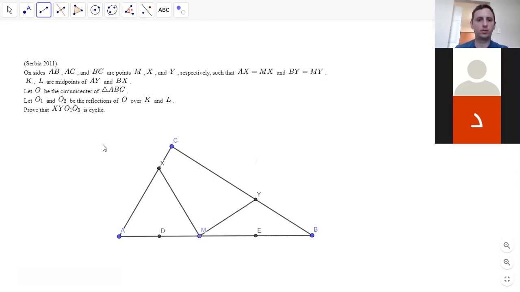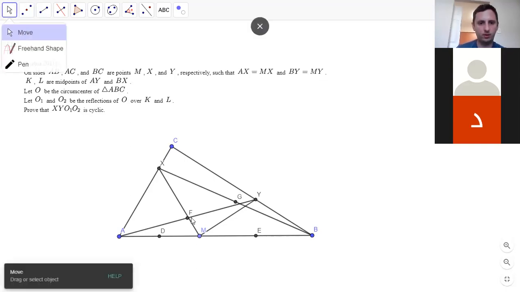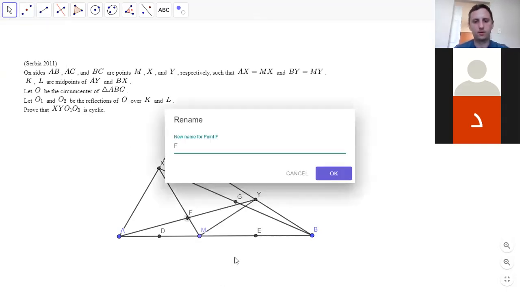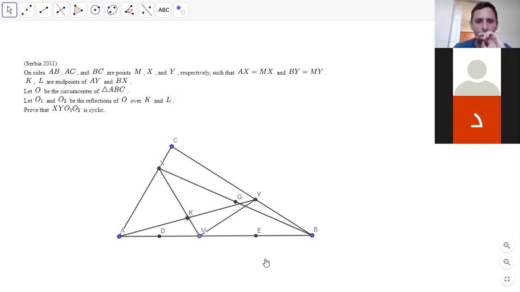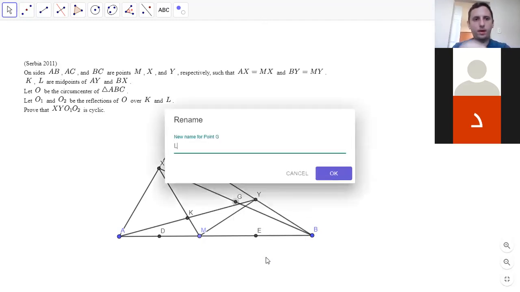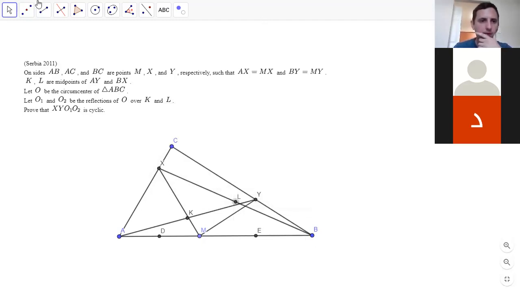All right. So those are isosceles triangles. K and L are the midpoints of AY and BX. That's interesting. So this is K. And this is L. And O is the circumcenter of ABC.